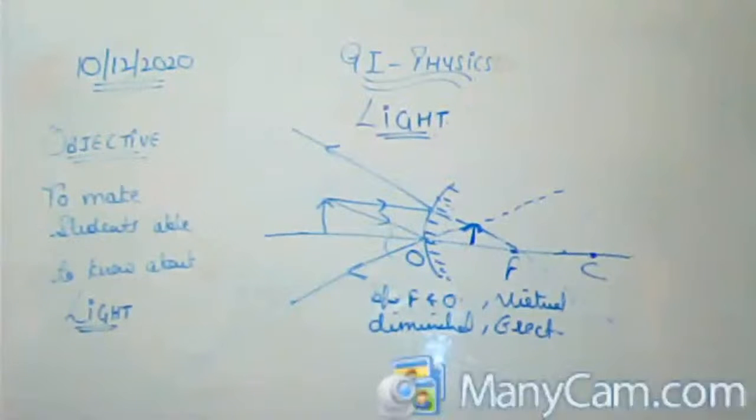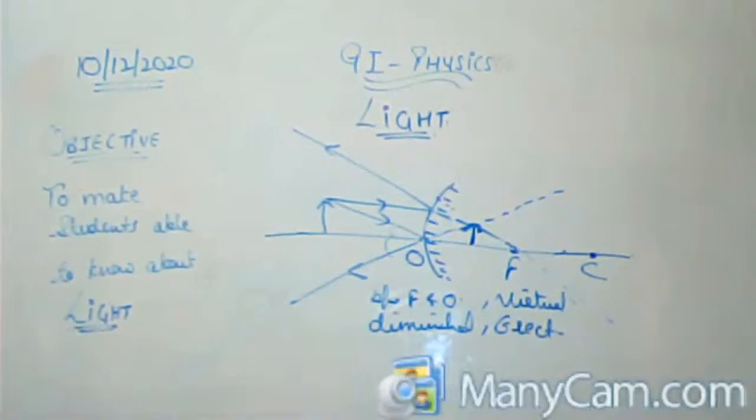Concave mirror we are using for many purposes. Concave mirror में depending upon where you are placing, you get the different varieties. Concave mirror में हमने एक ऐसी diagram करी है when you get the same size as that of object. Fine.